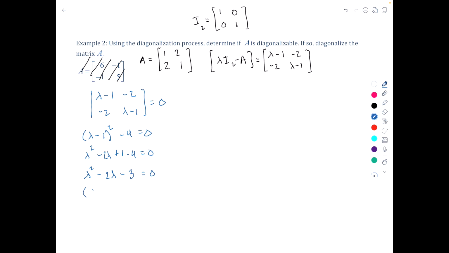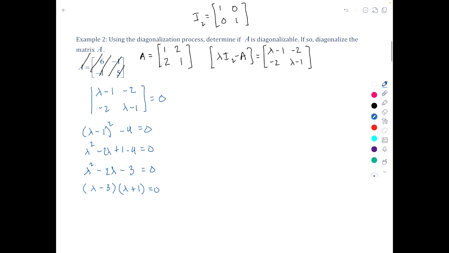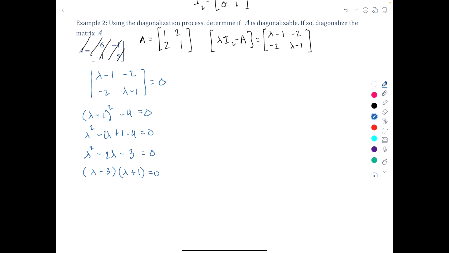That's going to factor as lambda minus 3 times lambda plus 1. We'll set that equal to 0. And then we'll have our eigenvalues. We'll say that lambda 1 is negative 1 and lambda 2 is positive 3. Groovy?